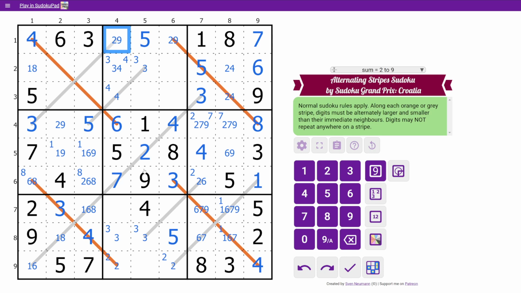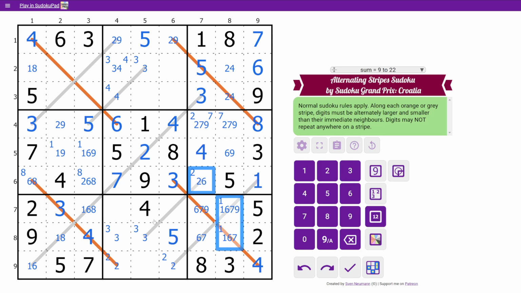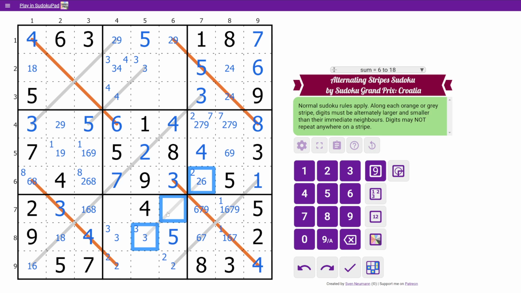What else do we have in the ways of Sudoku? If the 6 is here, it would go here. If the 2 goes there, it could still go in either one. If the 6 goes there, it couldn't go in there, it would have to go at the bottom.